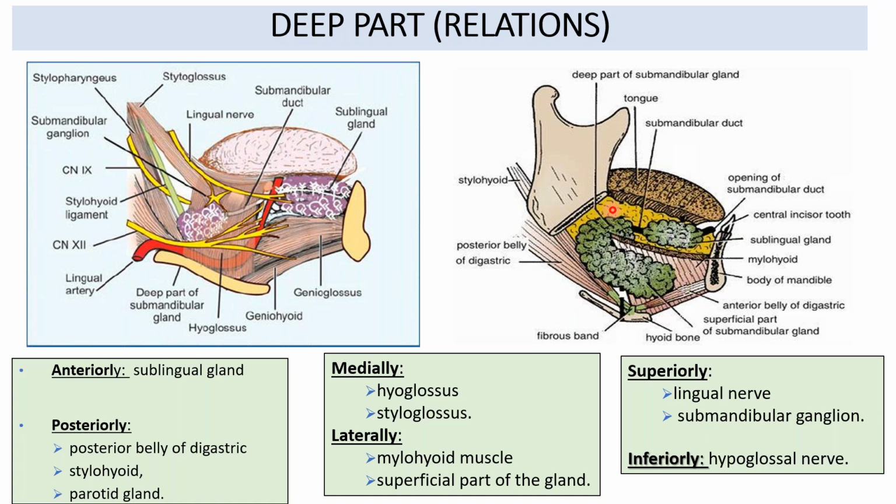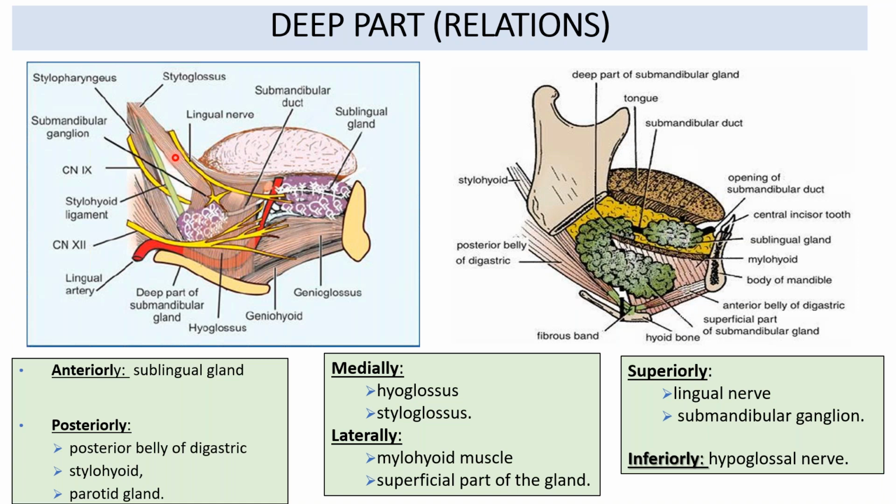Medially, the deeper part is resting upon a muscle, the hyoglossus muscle, and from the styloid process to the tongue, the styloglossus. So these two muscles are medial to it. Laterally, obviously, will come the mylohyoid muscle, along with the superficial part of the gland. So the superficial part of the submandibular gland and the mylohyoid both are lateral to the deep part.